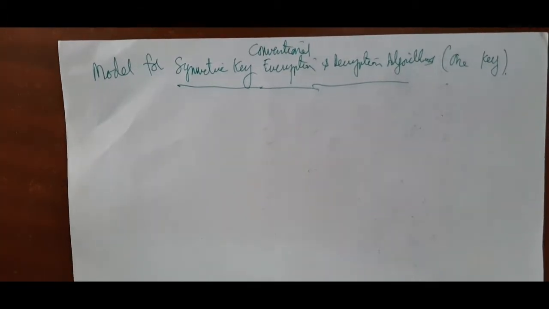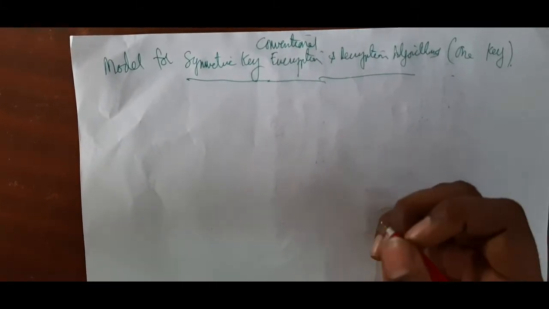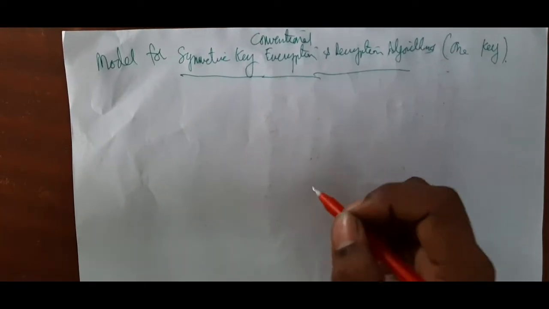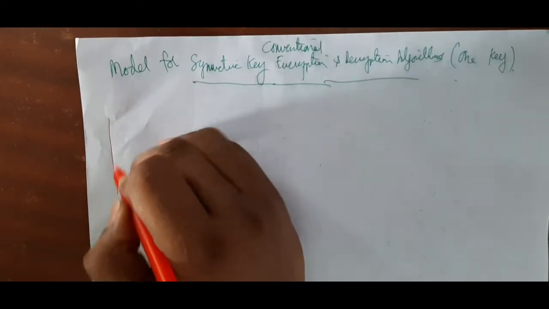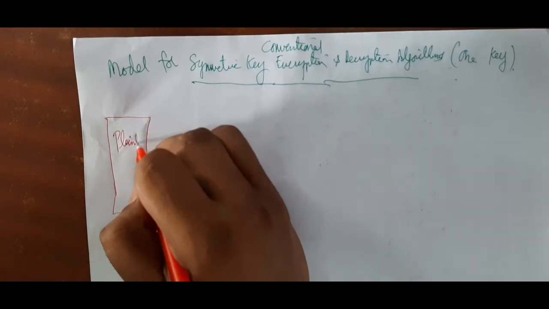Now we are going to see how the diagram looks. We have already seen the model for network security, with message, secret message, security related transformation, secret information, opponents, and trusted third parties. All this you can now see in a precise manner. Here the concept is what we call plain text.